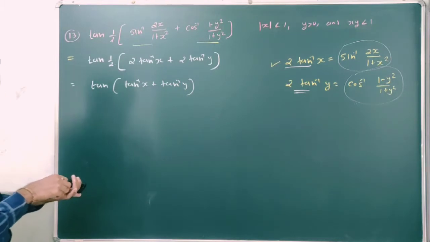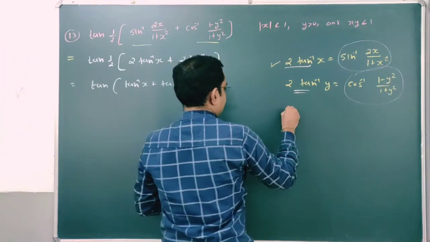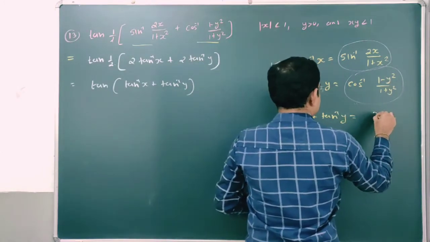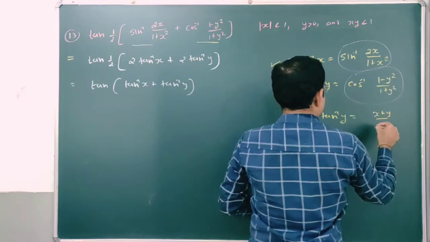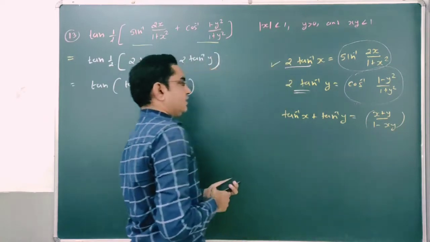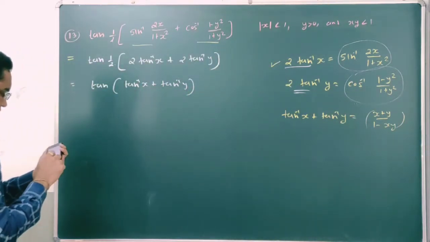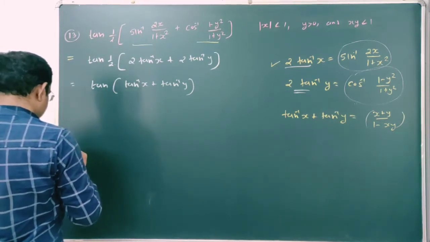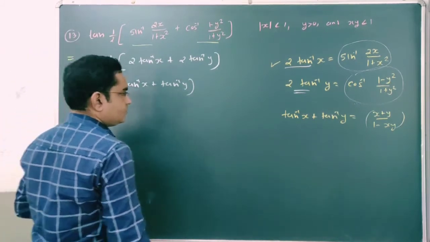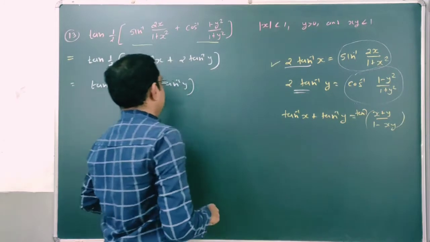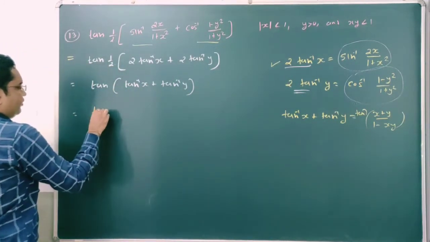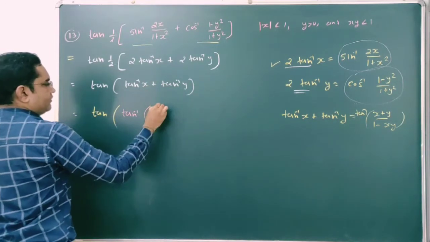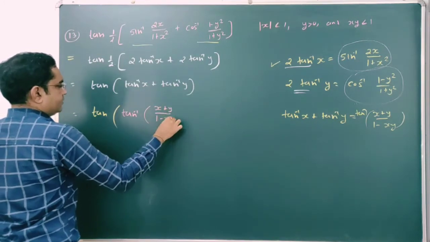We have one more formula for tan inverse x plus tan inverse y, which is equal to tan inverse of x plus y upon 1 minus xy.